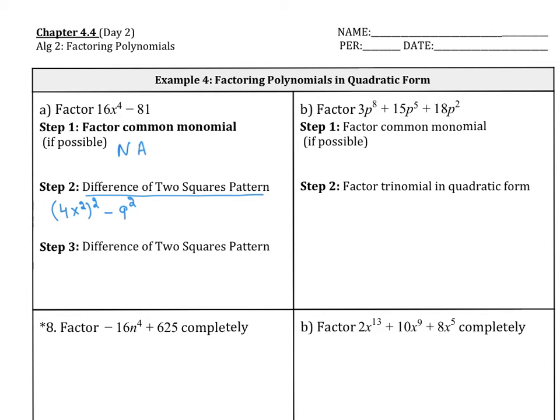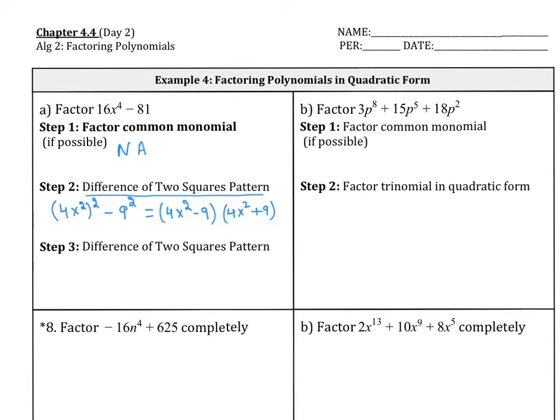If you apply the formula a squared minus b squared equals (a minus b)(a plus b), that is going to give us 4x squared minus 9 times 4x squared plus 9.